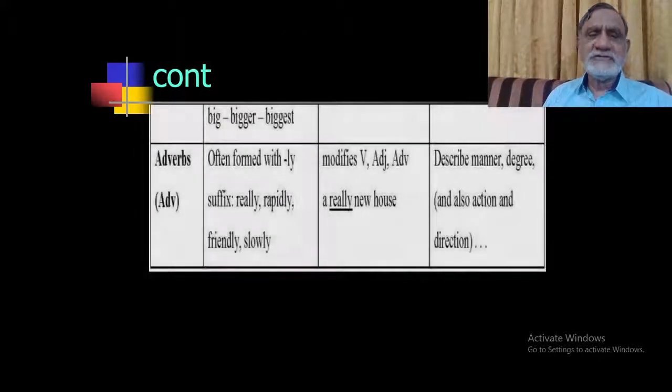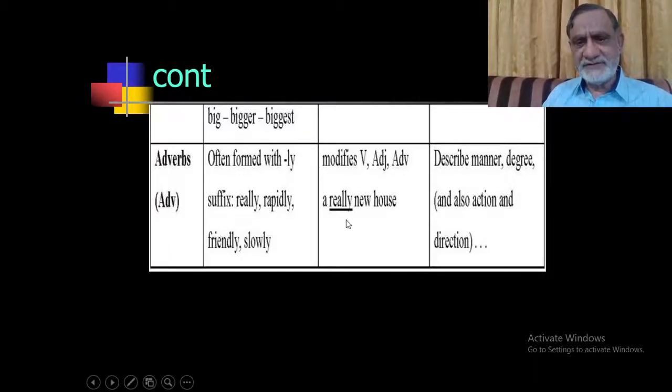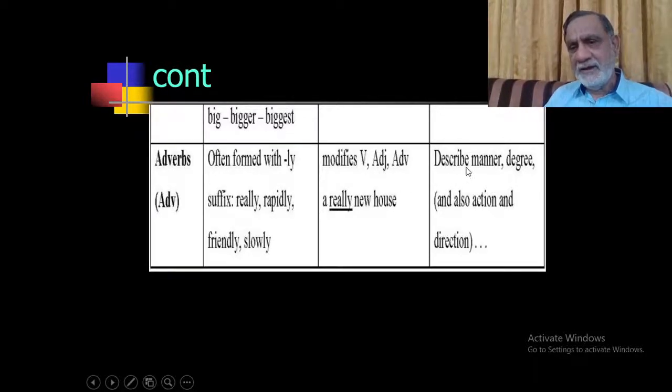Then the fourth open class is adverb. From a morphology point of view, adverbs are often formed with the suffix ly: really, rapidly, friendly, slowly. And as far as the syntax part is concerned, a really new house, with adverb, adjective, and noun, and then they describe manner, degree.